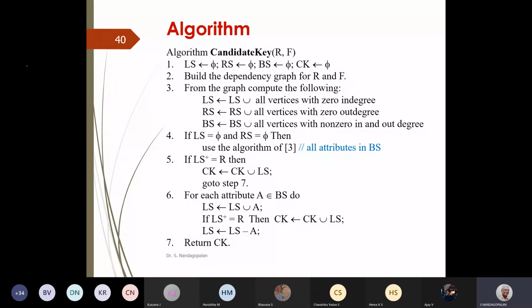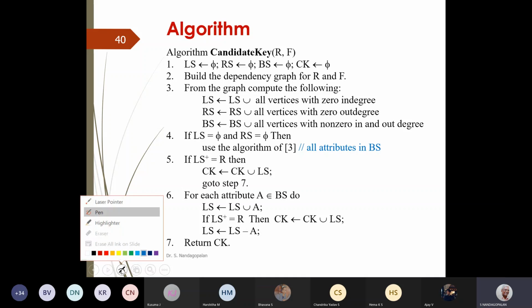This is out of my research and research papers, and Navathe gives one exhaustive algorithm, but I'll tell you that. Otherwise, this will be a very easy method for finding the candidate key. You can find this in my book as well.